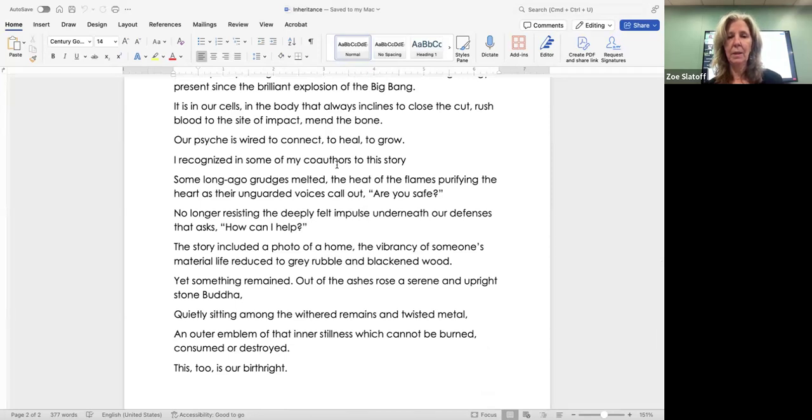Yet something remained. Out of the ashes rose a serene and upright stone Buddha, quietly sitting among the withered remains and twisted metal. An outer emblem of that inner stillness which cannot be burned, consumed, or destroyed. This too is our birthright.